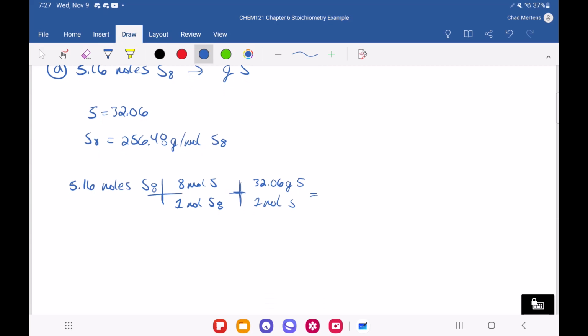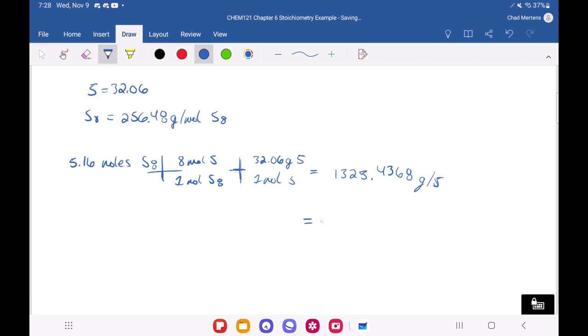If you plug that into your calculator, you will get 1323.4368 grams of sulfur, and you can round it to 1323.44 grams of sulfur.